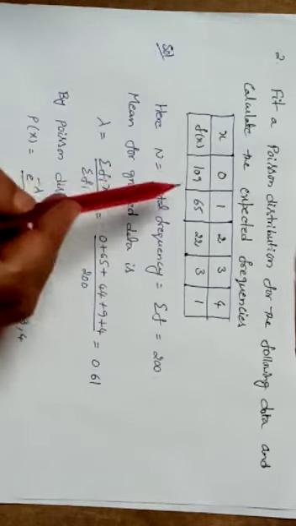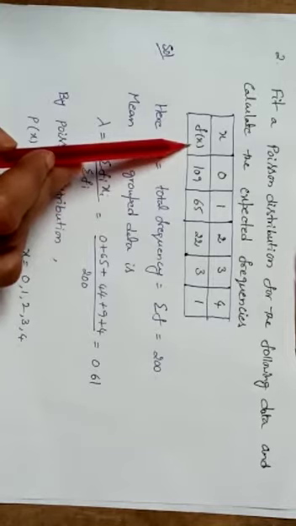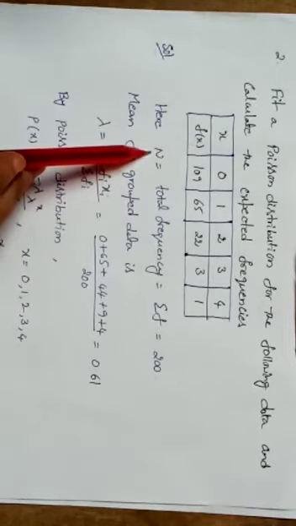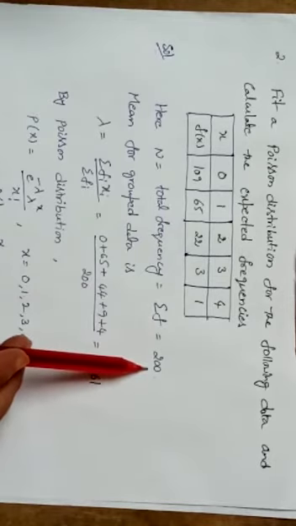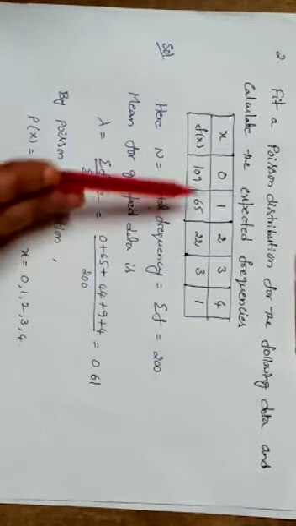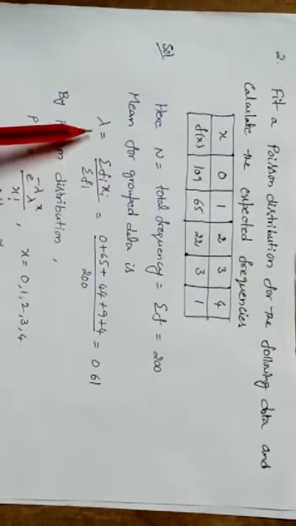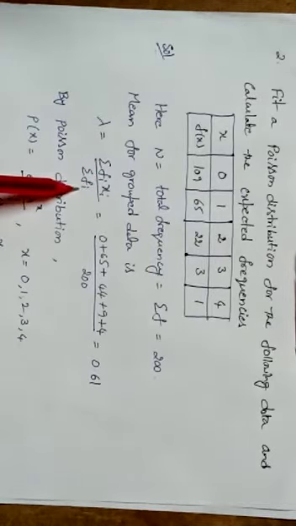Here the summation of f of x is capital N. So N is equal to summation f, which is 200. Next, this is grouped data. For grouped data, the mean formula is summation fi xi by summation fi.